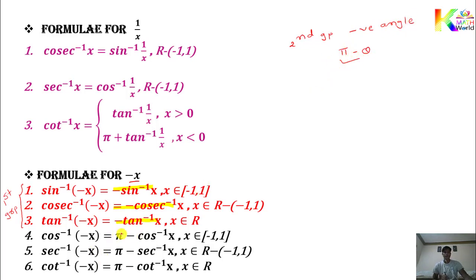That's why you get pi minus here. It means the negative sign also goes outside, as well as you get pi, due to this pi minus theta. In short, for second group functions with a negative angle, you get pi minus.